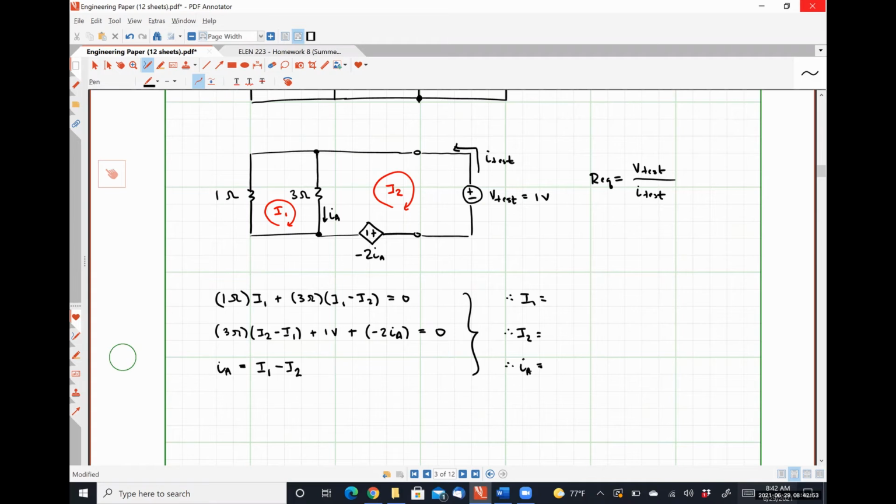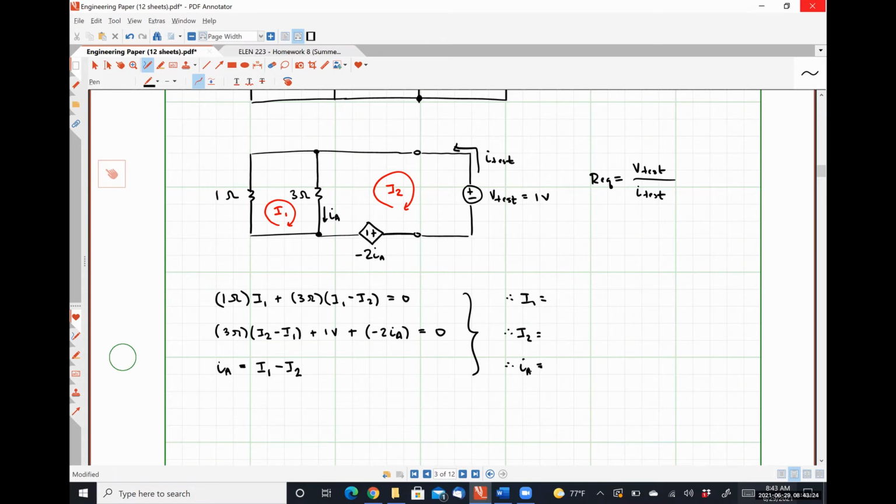In my first equation, I have 1 plus 3 is 4I1, negative 3I2, and 0IA, and this is all equal to 0. In my second equation, I have negative 3I1, positive 3I2, negative 2IA, and when I move that 1 over, it's going to look like -1.